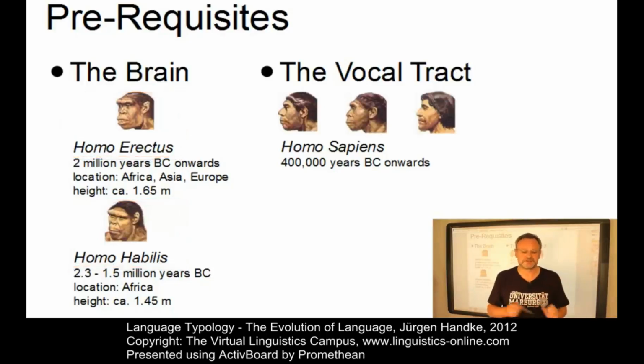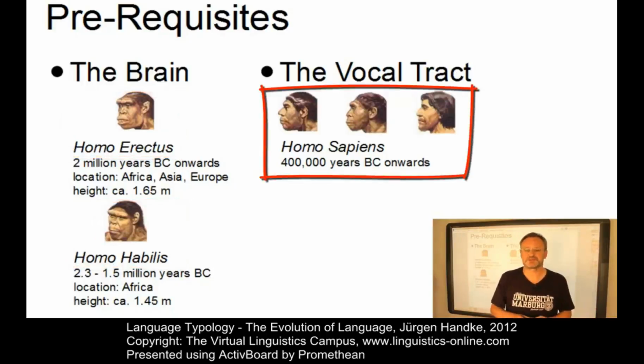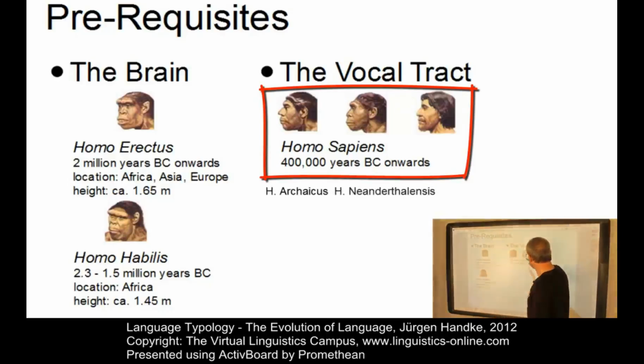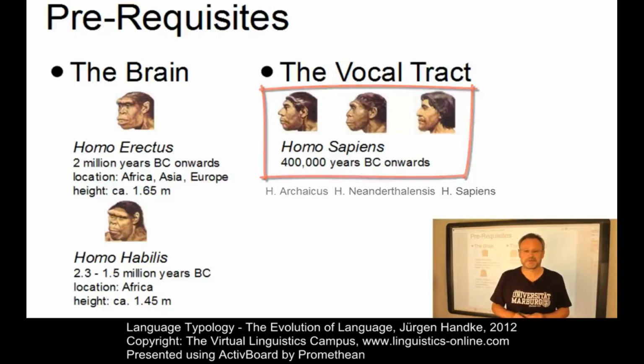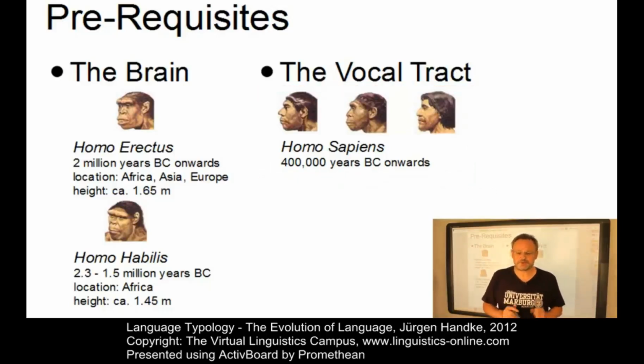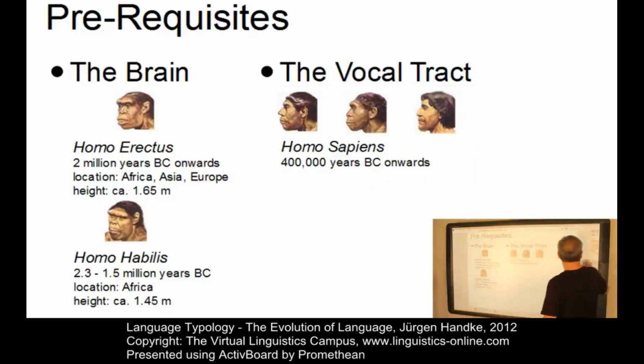And they discovered that with the advent of Homo sapiens at around 400,000 years before Christ, from Archaicus via Neanderthalensis to Homo sapiens himself, that Homo sapiens developed a vocal tract that gradually became ready for the use of some sort of speech. Let us look at these two prerequisites in more detail.